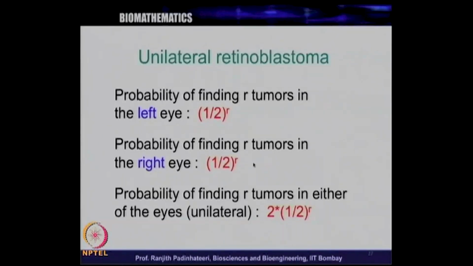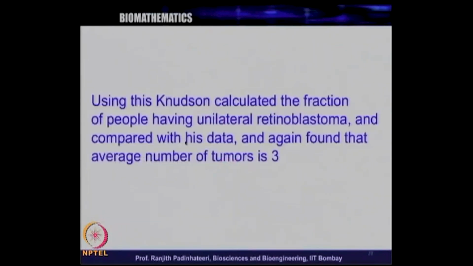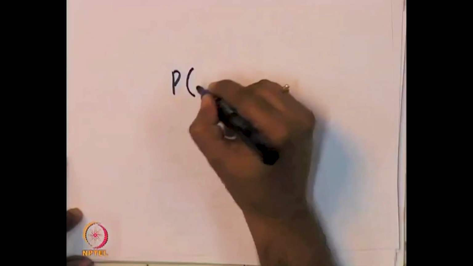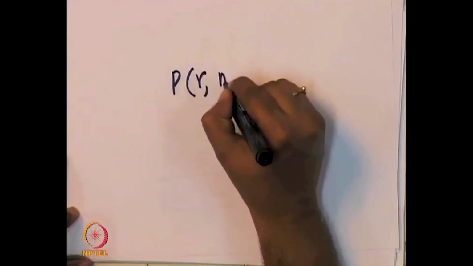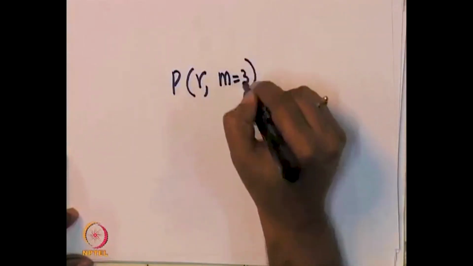From this, Knudson calculated the fraction of people having unilateral retinoblastoma and compared it with the data, and again found that the average number of tumors is 3, because he could already calculate the probability that there are R tumors when the average is 3.